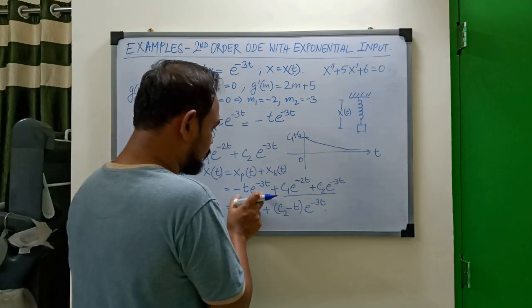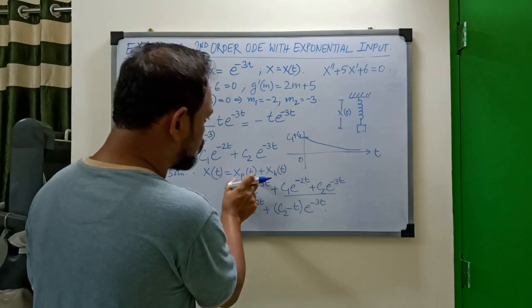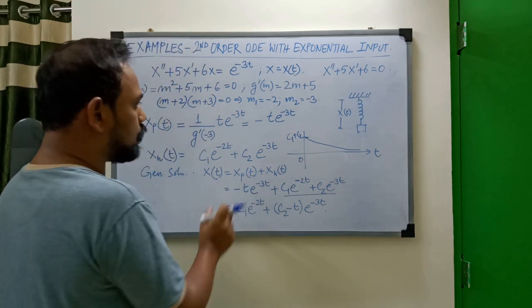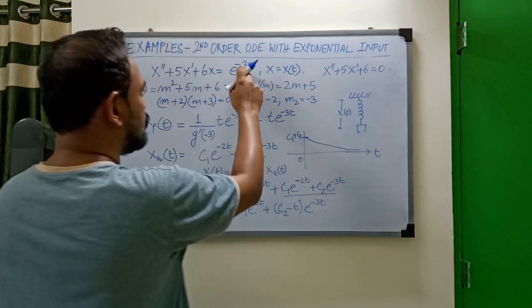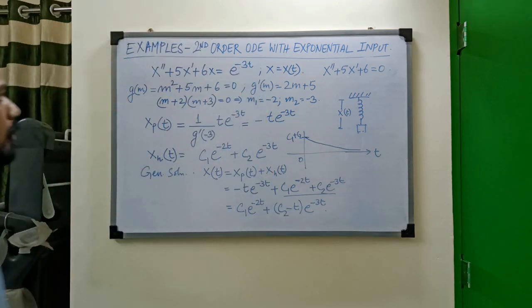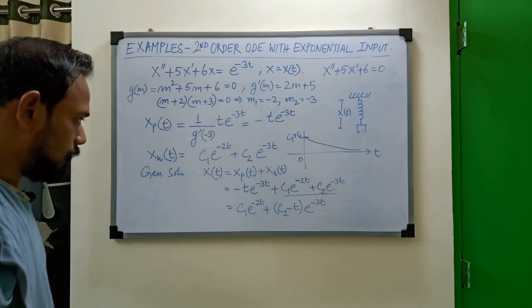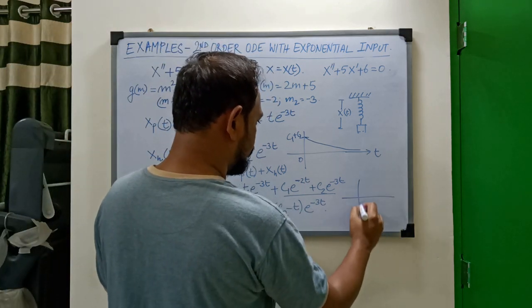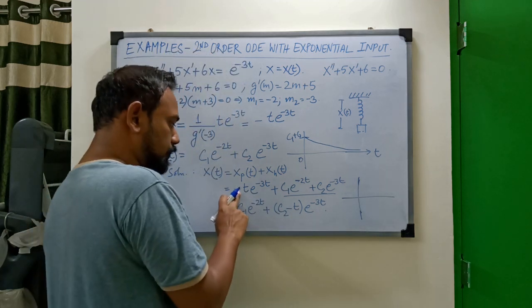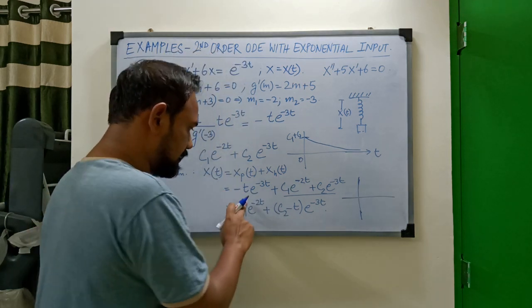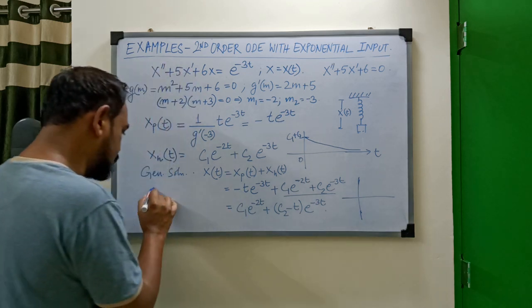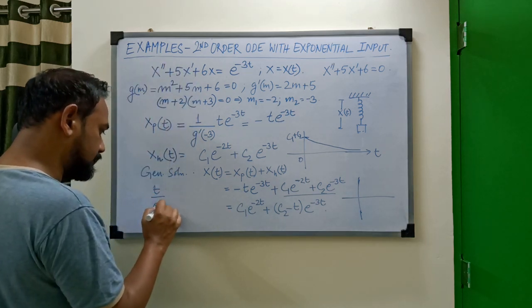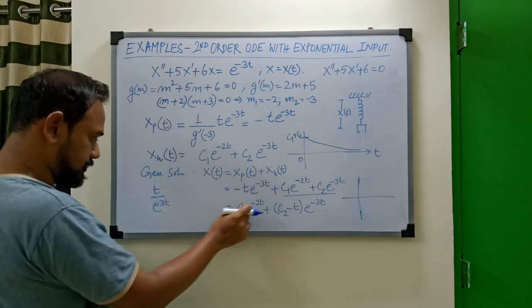What about this function? This is the term that comes into the solution because of the external influence, which is acting in the form of an exponential. What's the graph of this one? Well, if you ignore the negative sign, this is really t by e to the power 3t, you can bring the e to the power 3t down.